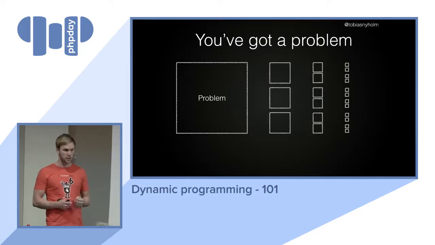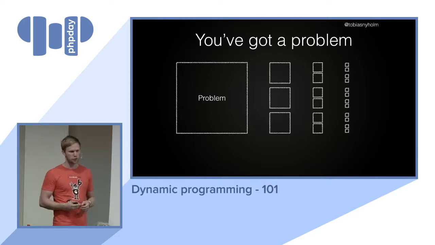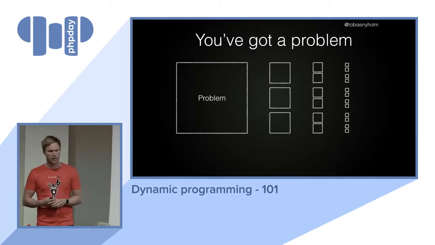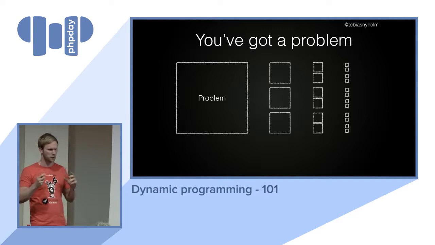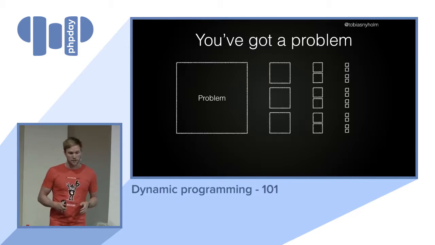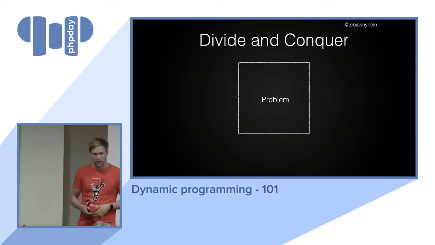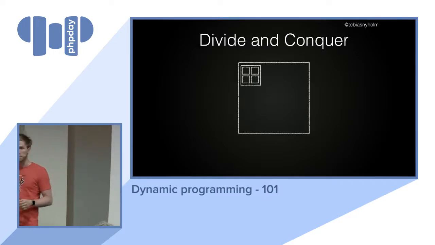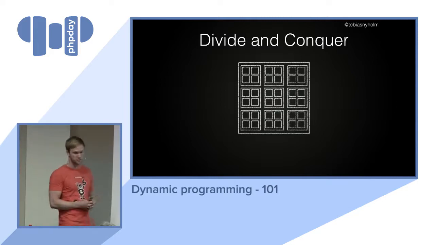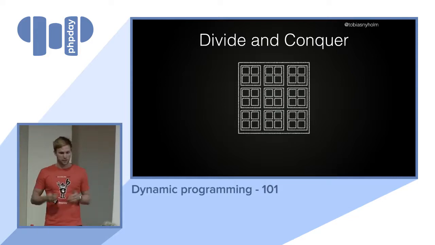Same thing when you're building a website. If I say you should build a website doing whatever, you first think of, hey, what's the design going to look like? How are our data models going to look like? And then when you figure out the data models, you maybe think about, what are the persistence layers going to look like, etc., etc. And this is called divide and conquer. And as you all are programmers, I know that there's nothing new for you. You know all these things. And you do it in your head automatically.